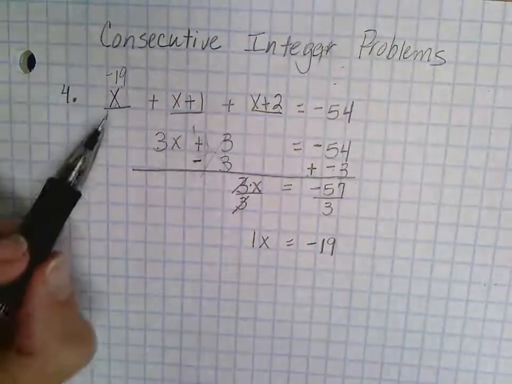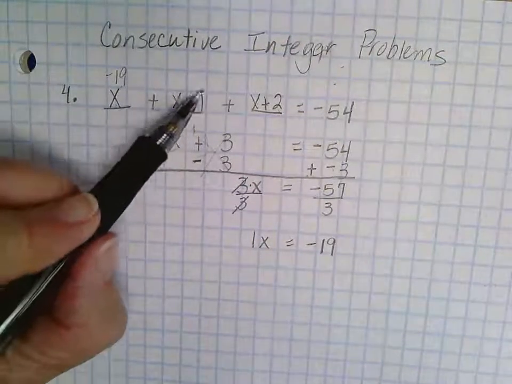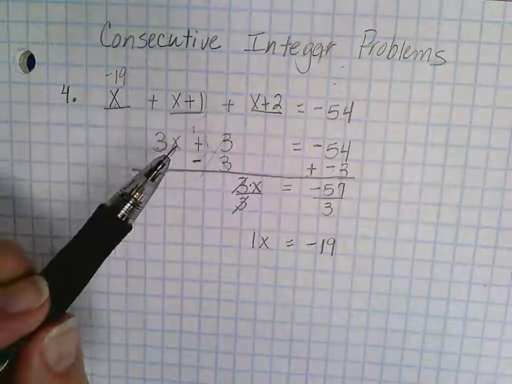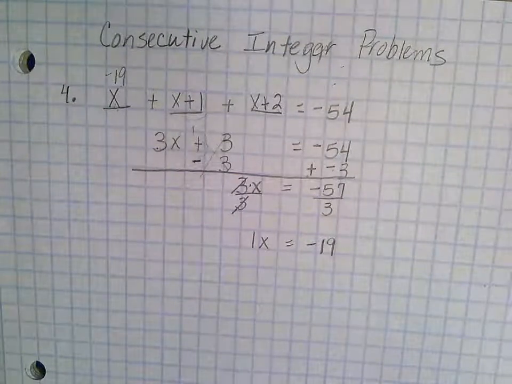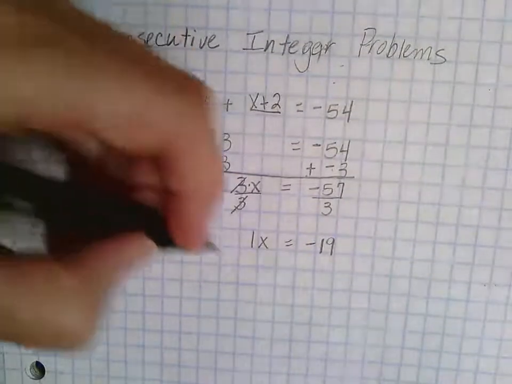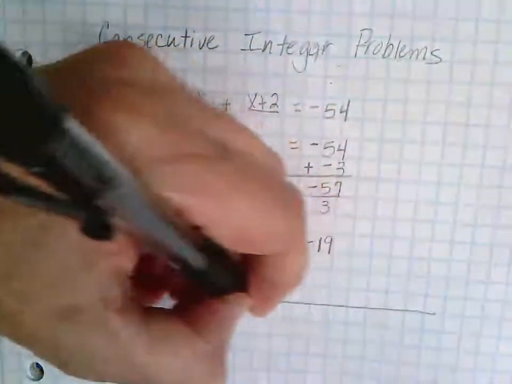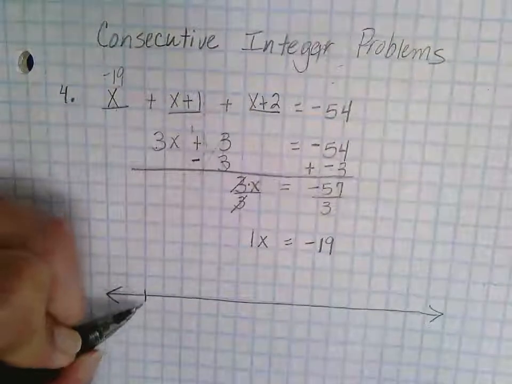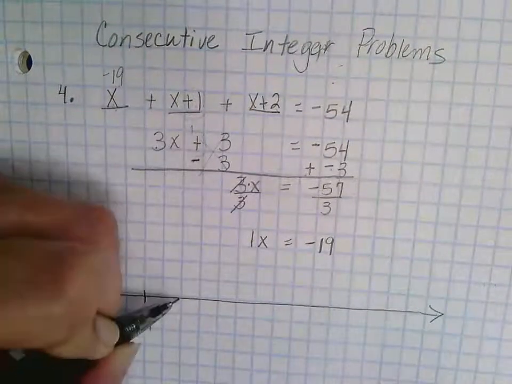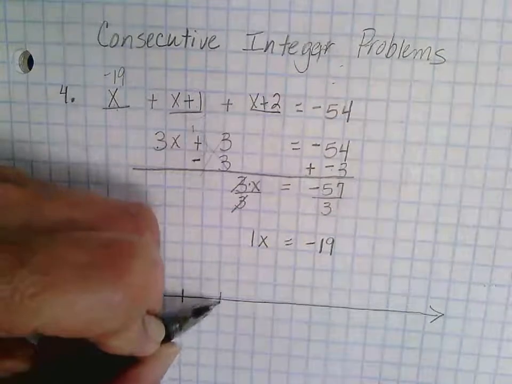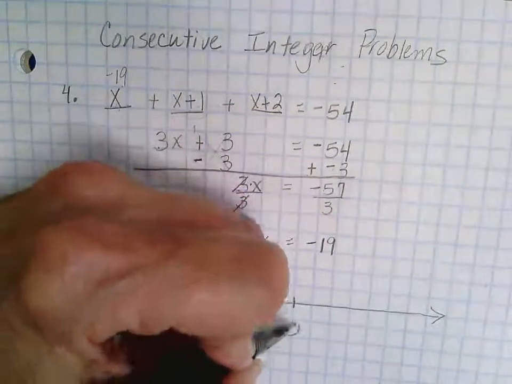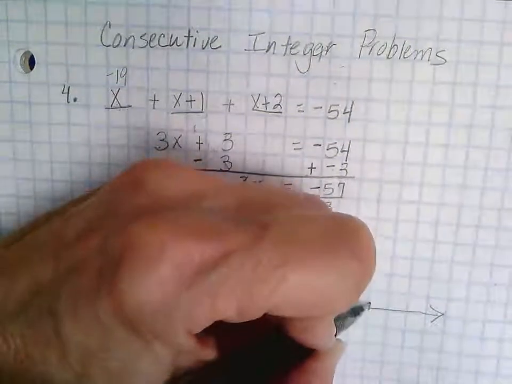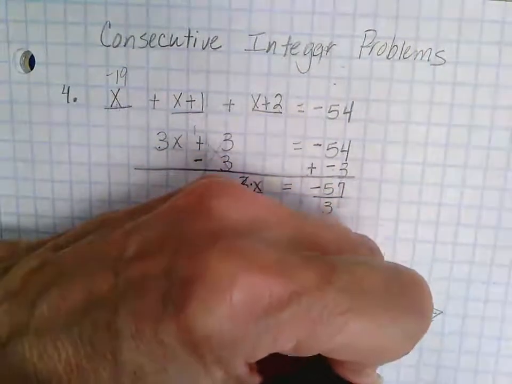Now, here's where you need to stop and think. This is 1 more than negative 19. So when I am on a number line, and I am at, say, negative 4, negative 3, negative 2, negative 1, 0, 1, 2, and 3.